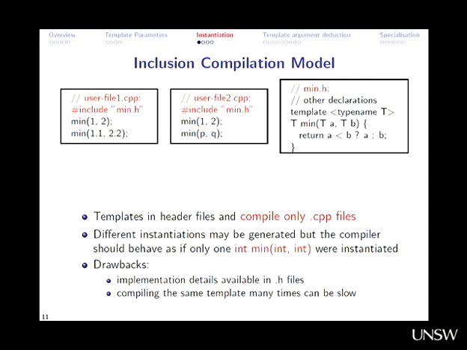And so you need to put all your declarations and definitions into the header files for your code to work. Okay, so this is a change from what we've done up until this point. You should still only compile .cpp files though. So all the template declarations and definitions go in header files, but you only compile .cpp files.